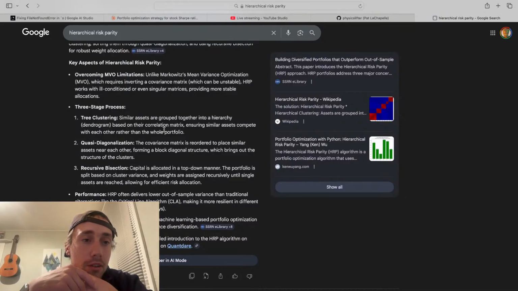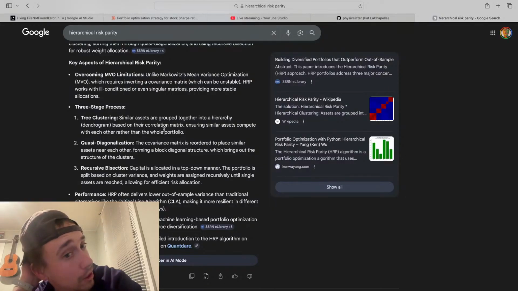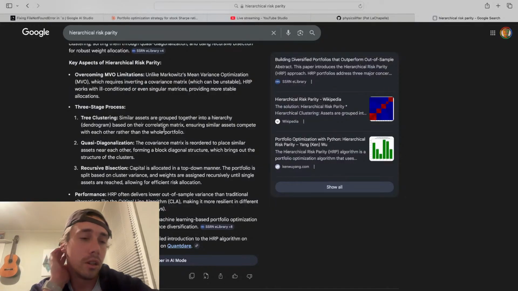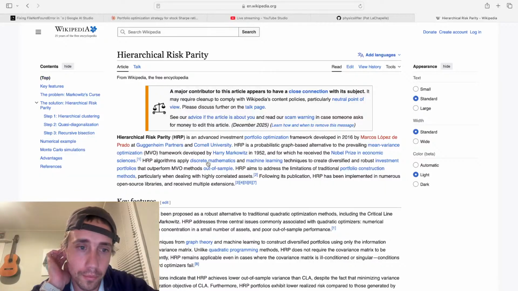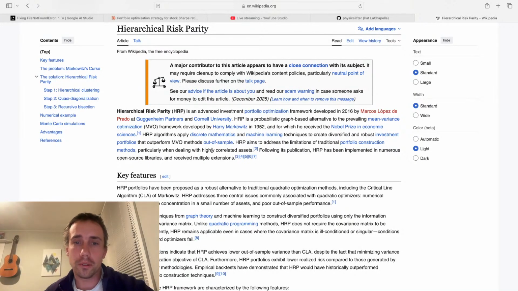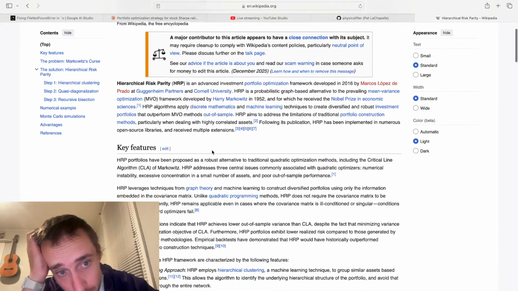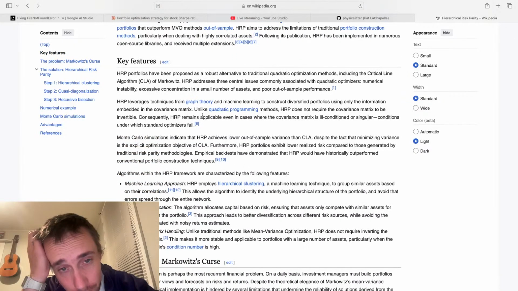Similar assets are grouped together into a hierarchy based on their correlation matrix, ensuring similar assets compete with each other rather than the whole portfolio. HRP is a probabilistic graph-based alternative that addresses three central issues commonly associated with quadratic optimizers.